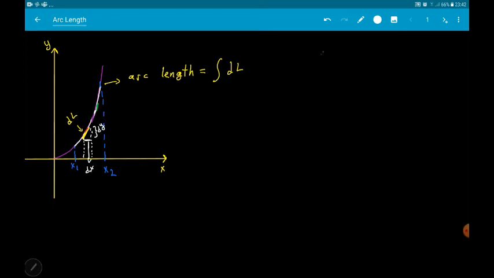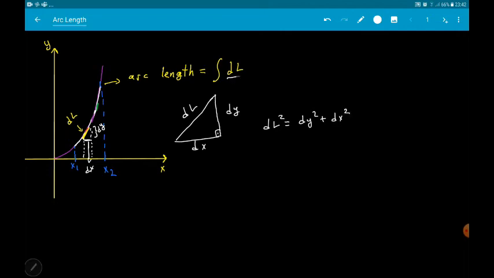If I draw it in big form like this, it looks something like that: dl, dy, and dx. And we all know the Pythagorean theorem, which gives us dl squared is equal to dy squared plus dx squared.